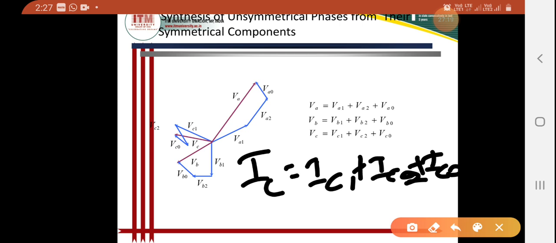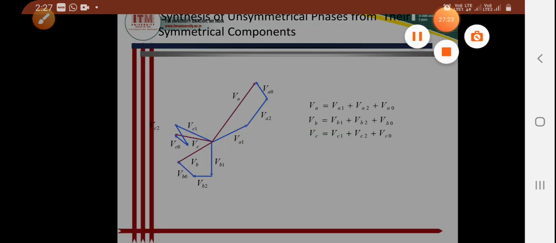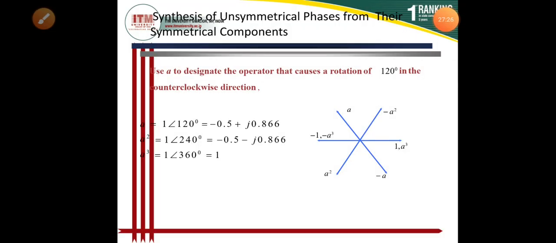Now, before going to deep analysis of symmetrical components of unsymmetrical phasors, we want to talk about the operator, which causes a rotation of 120 degree in the counterclockwise direction.